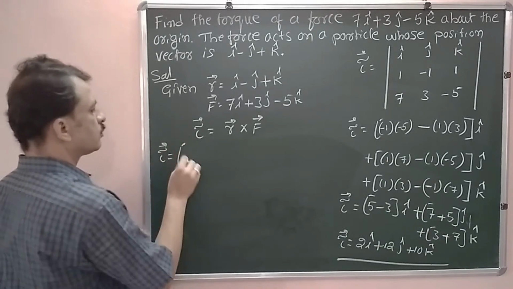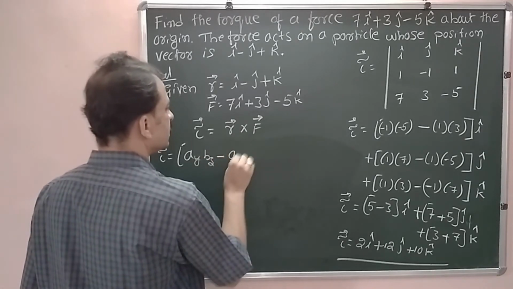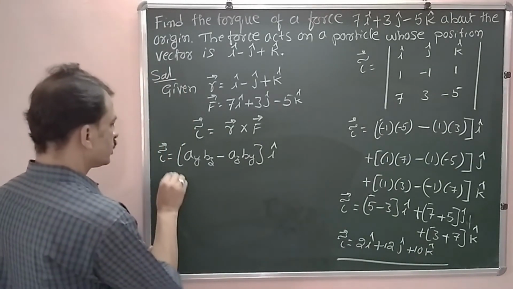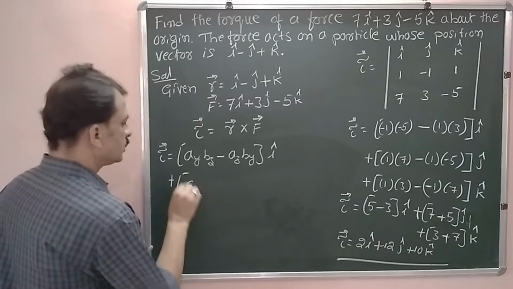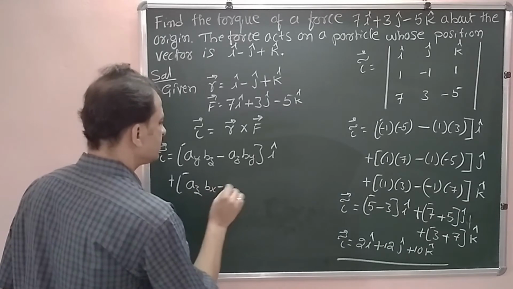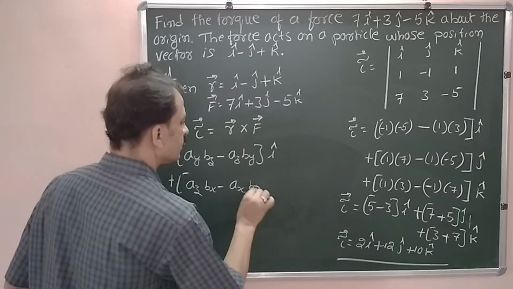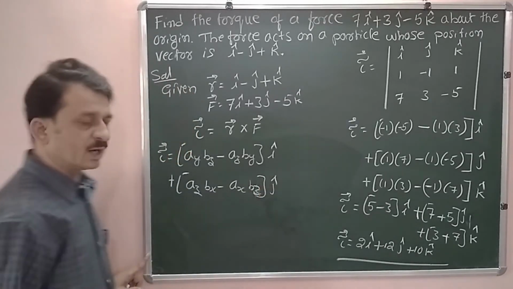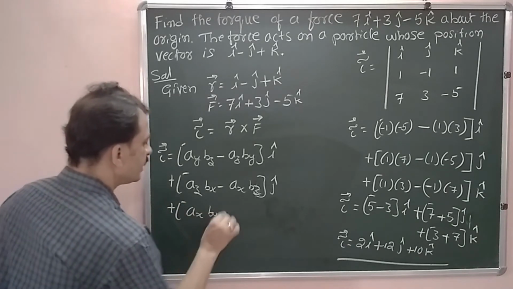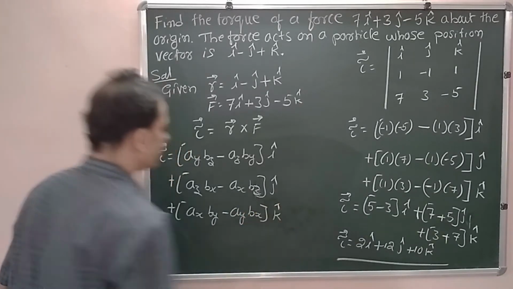Tau is equal to (ay bz minus az by) i cap, first term, plus second term, now we start with z: (az bx minus ax bz) into j cap, second term, and the third term is (ax by minus ay bx) into k cap.